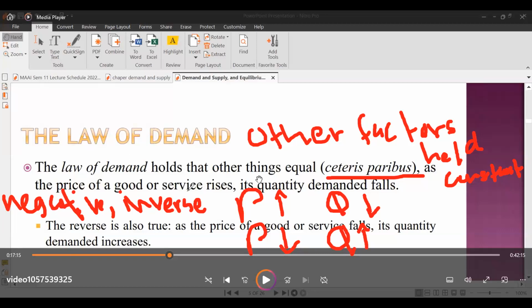So then you can even rewrite the definition.